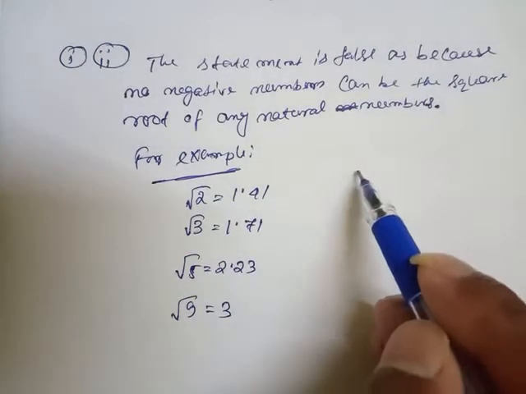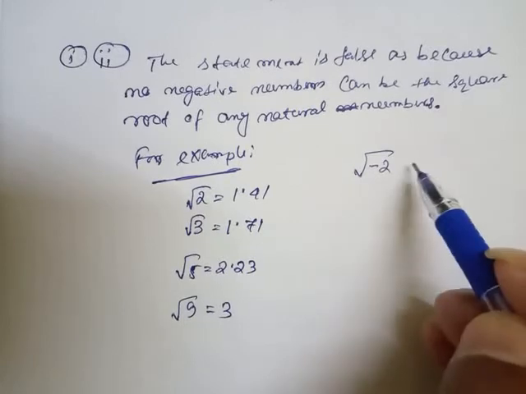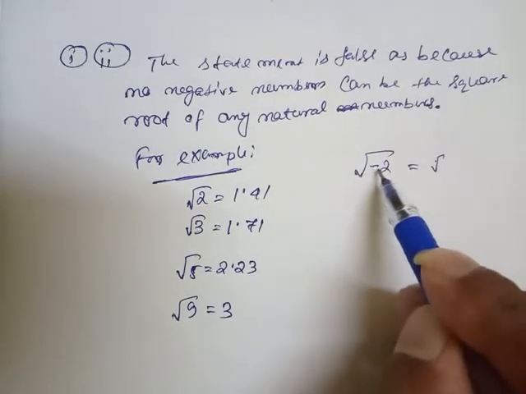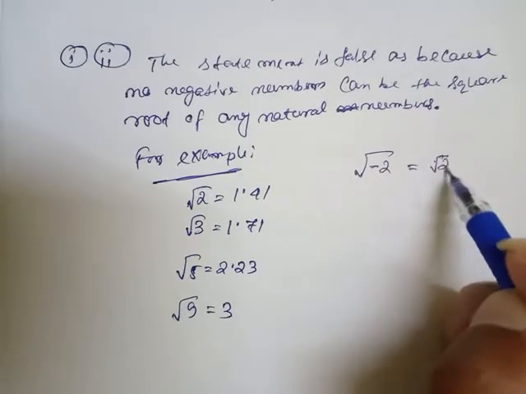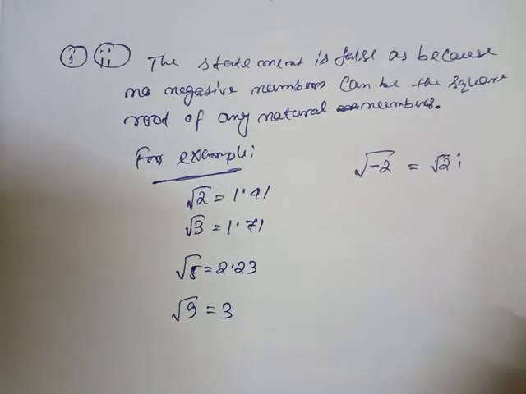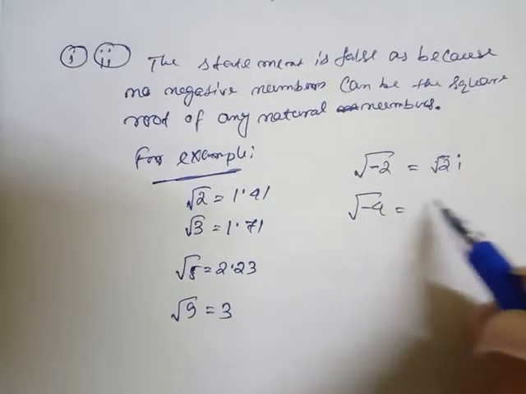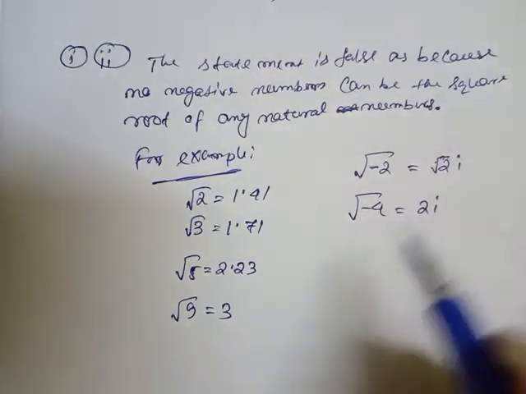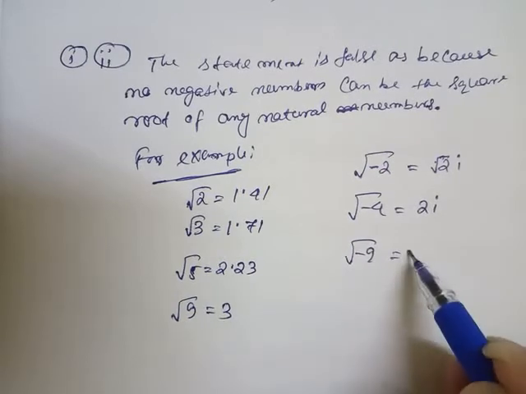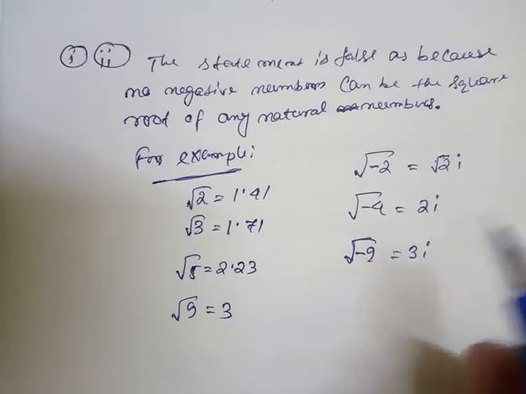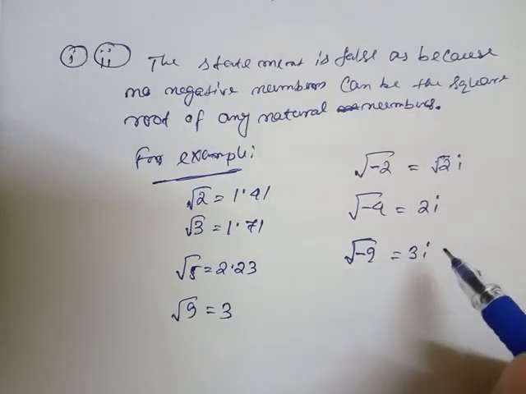But if I write root of minus 2, this means i, imaginary. Or if I write root of minus 4, this is 2i. Root of minus 9 is 3i. A minus sign inside the root indicates an imaginary number.